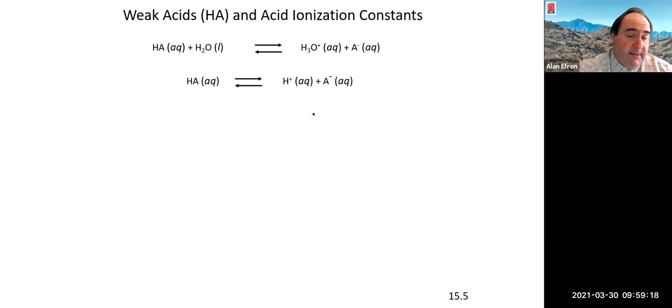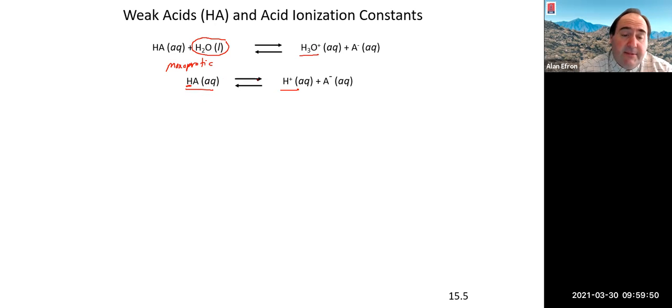It's going to stay together and set up an equilibrium. Take a generic monoprotic acid, meaning it has one H plus to give, and we can show the dissociation. The difference between these two equations is that one uses water, which gets us H3O plus, and the other uses no water and gets us H plus. Either one is perfectly fine.